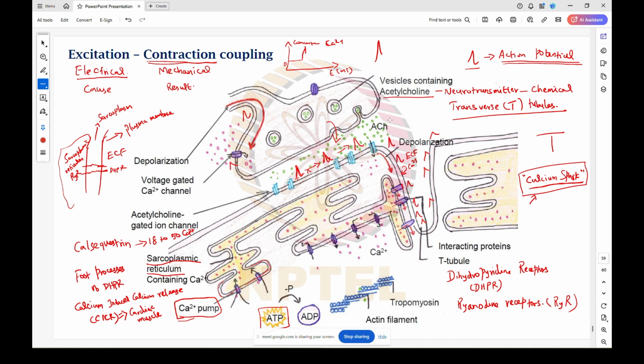This phenomenon, in which activation of L-type channels leads to outflow of calcium from the sarcoplasmic reticulum to the sarcoplasm, is known as calcium induced calcium release, or CICR. But this is particular to cardiac muscles. It doesn't happen in skeletal muscles, and smooth muscles have their own mechanism.